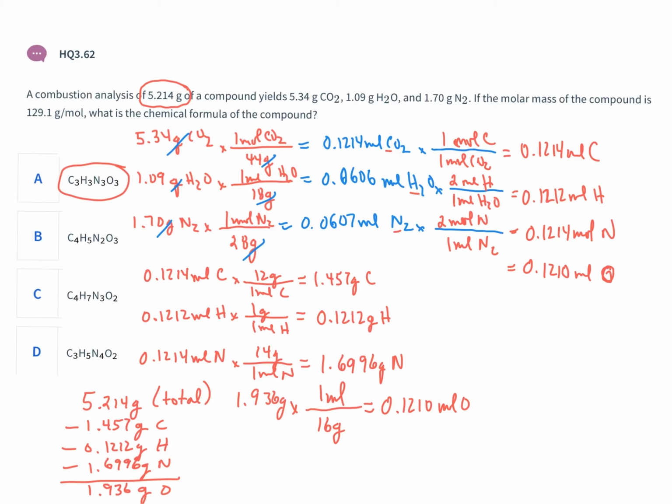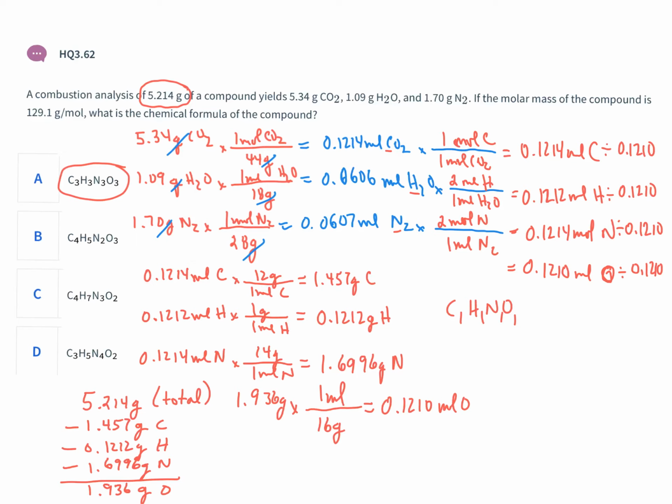But just to confirm, we're going to determine the mole ratio for this. If I divide all of these by the smallest number, divide all of these by 0.1210, we should see a mole ratio of carbon, hydrogen, nitrogen, and oxygen of 1-to-1-to-1-to-1.